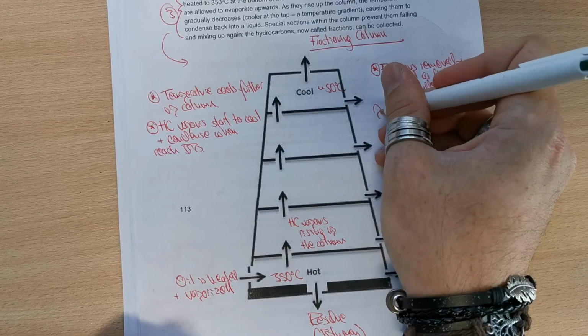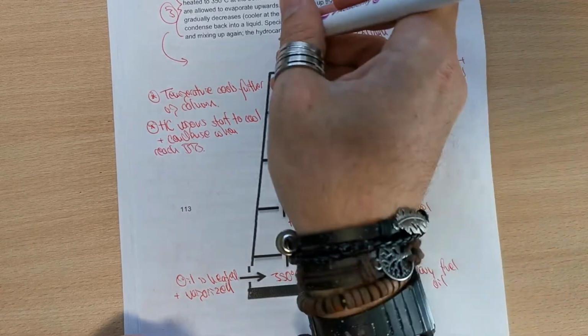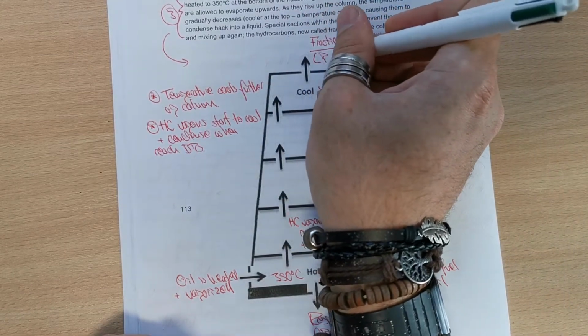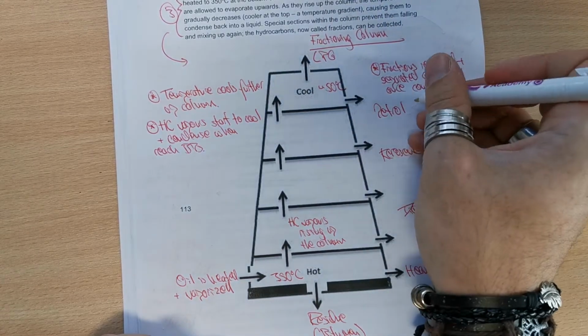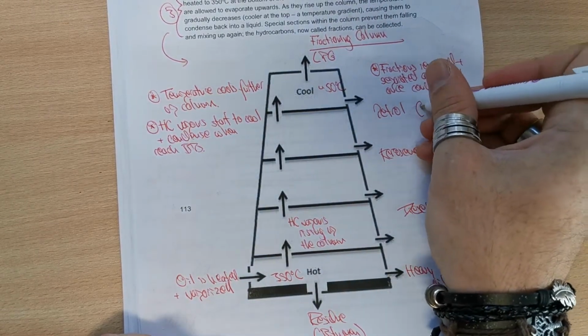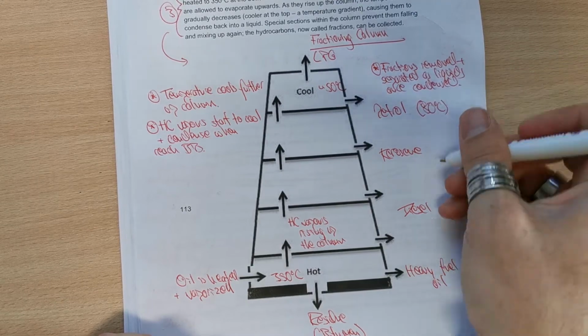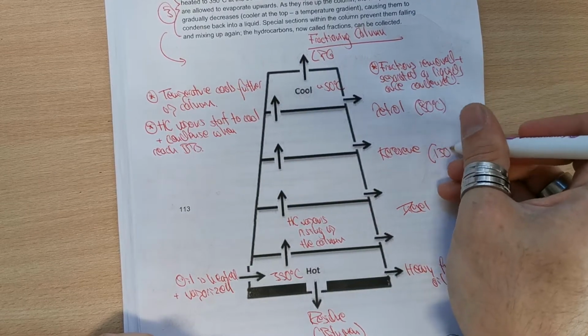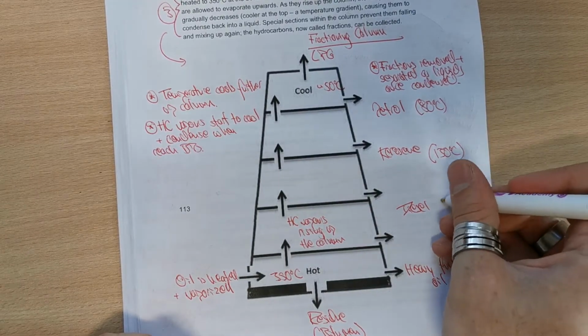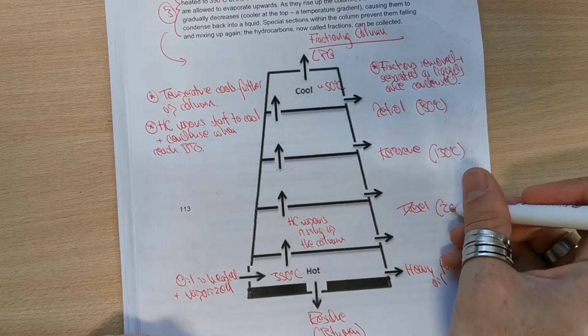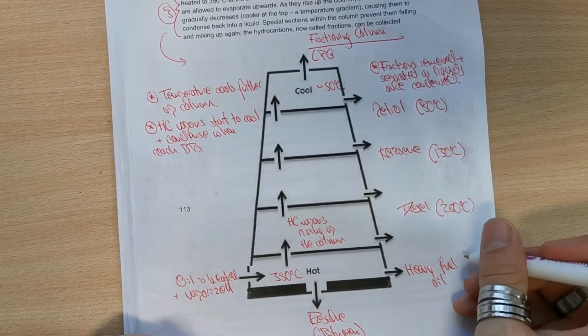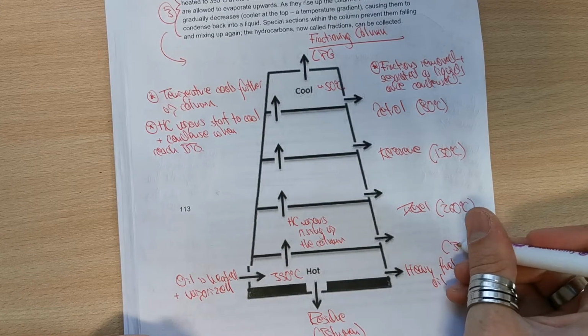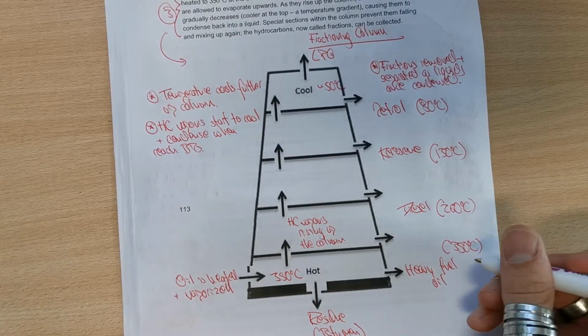Then we end up with petrol. And then we end up with LPG. So temperature is kind of at which these come out and condense. You're looking at about 80 degrees here. You're looking at about 130 degrees here for a boiling point. You're looking at around 260 degrees Celsius here. And down here, you're looking just below about 350 degrees Celsius.